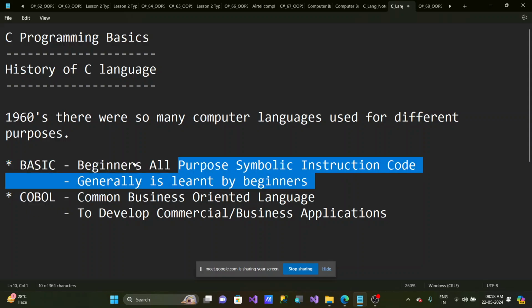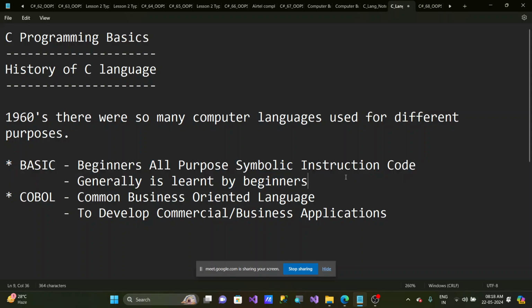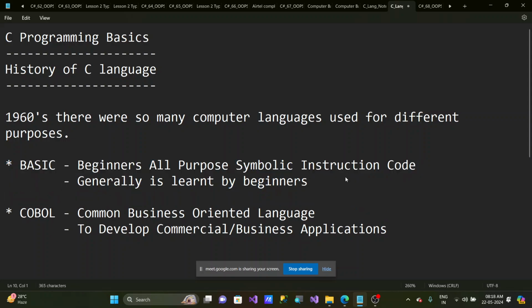Coming to the way BASIC was designed, if you want to write any program in BASIC, you need to write line numbers. If you are starting with the program, first we start with start. Then line numbers will be there: line number 10, next line number 20, 30, like that. Once it is done, you can run it using the respective version.